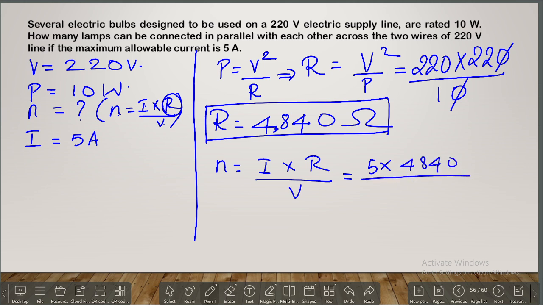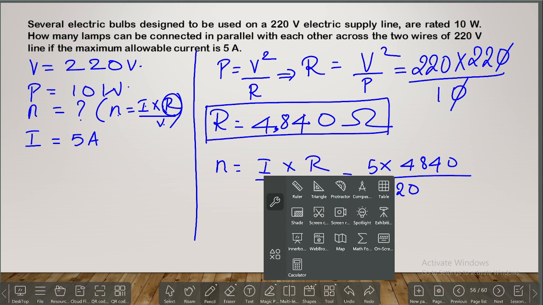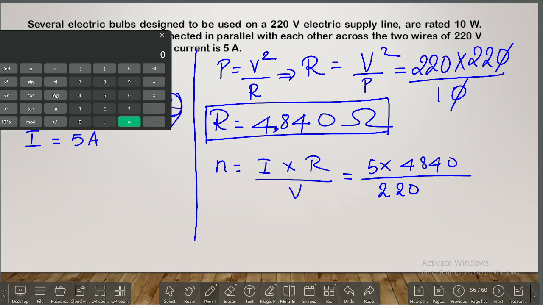By 4840, what is the value of V? 220. So multiply the numerator part. So what is the numerator? 5 into 4840. It's going to be 24200. That means 24,200 by 220.